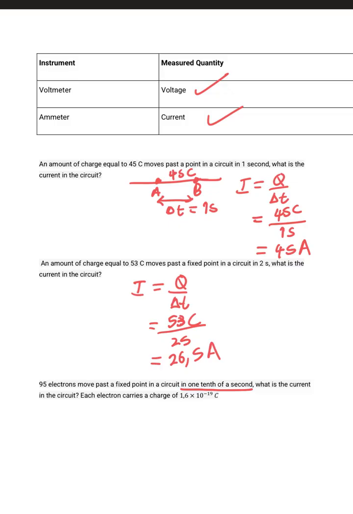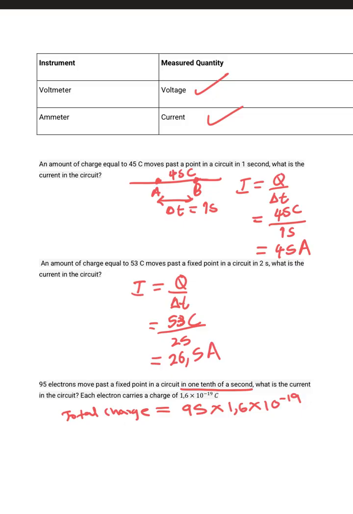So the total charge is going to be 95 times 1.6 times 10 to the negative 19.